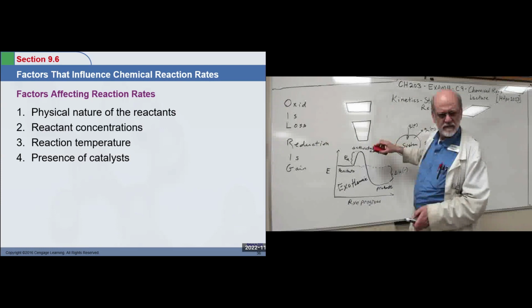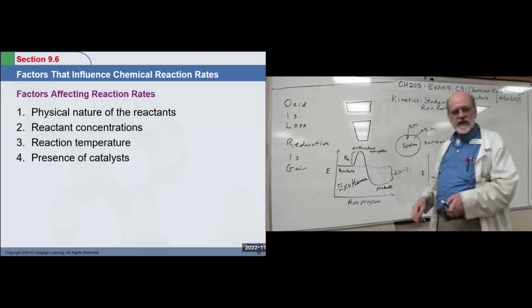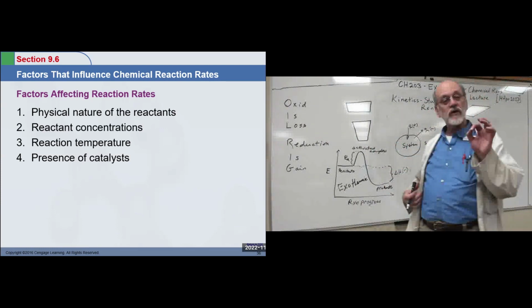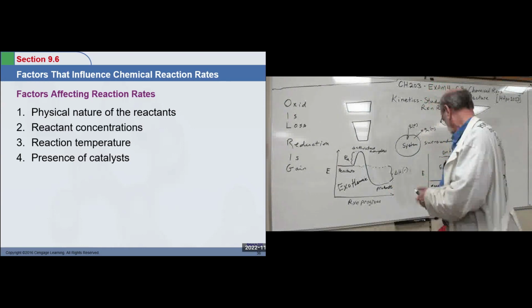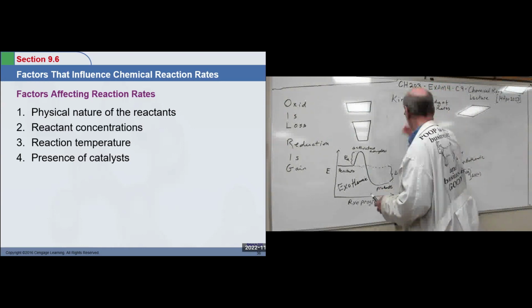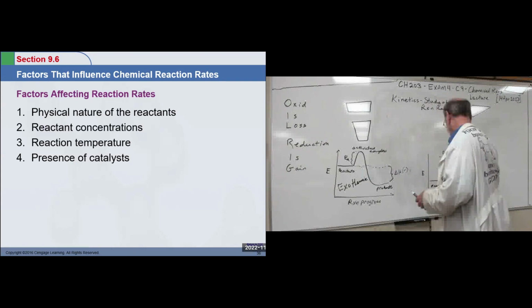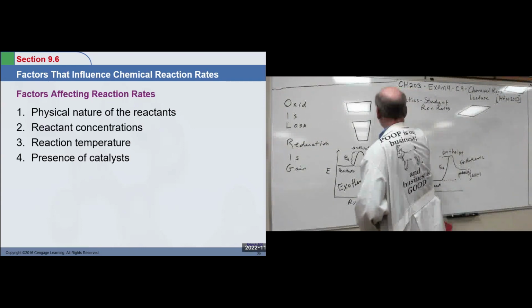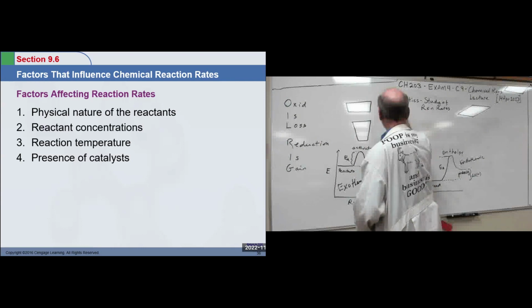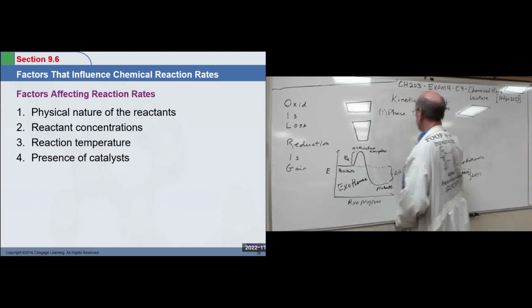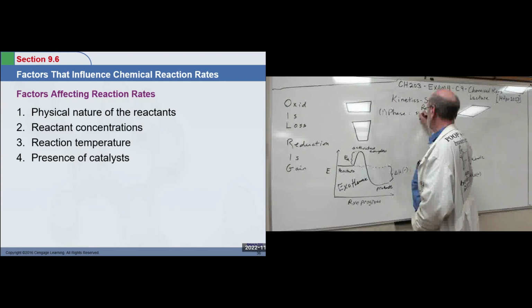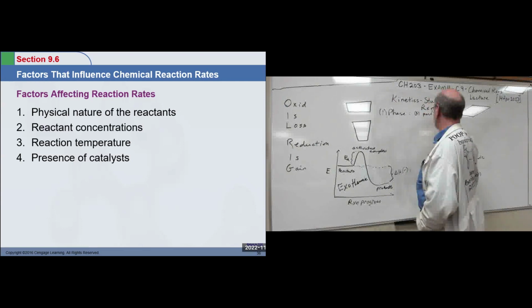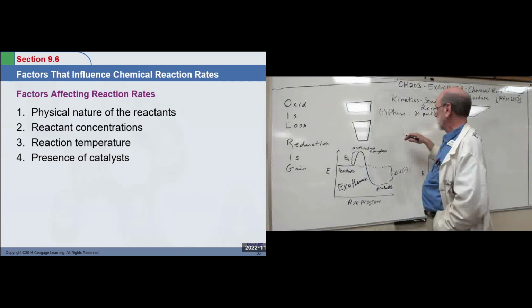So particle size, physical nature, includes particle size. So phase makes a difference. And for solids, that's particle size, which will increase the rate.